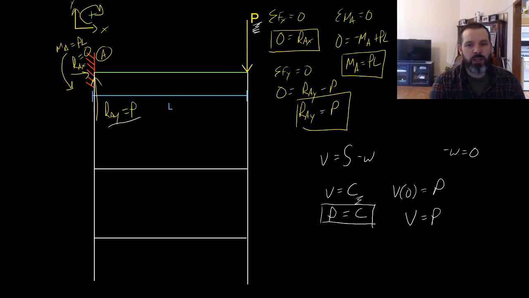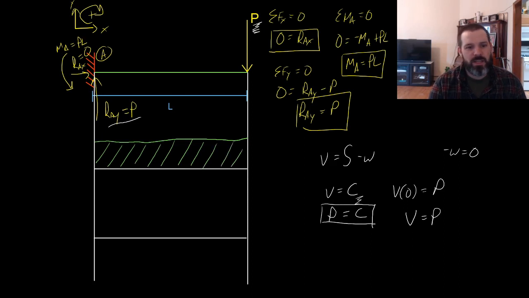So if we go and draw our shear diagram, I'll draw in green, it is constant over the whole length of the beam because there's no forces anywhere else on the beam to cause it to change, except for at the beginning, where it will jump from 0 to P, and at the end, where it will jump from P back down to 0.